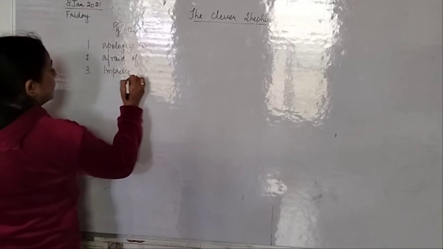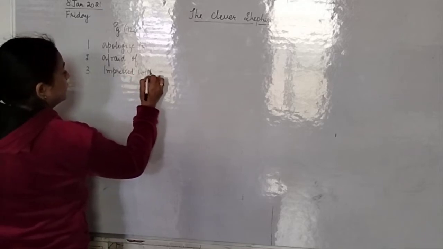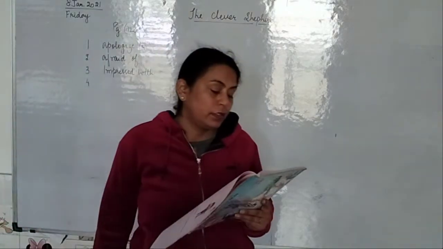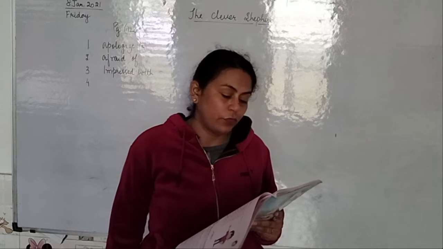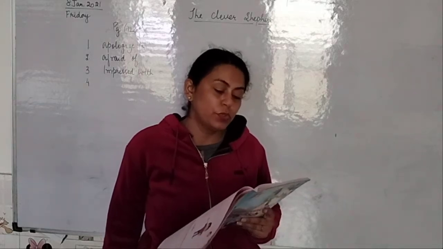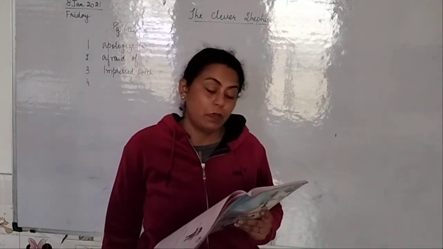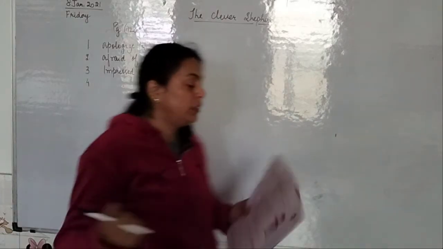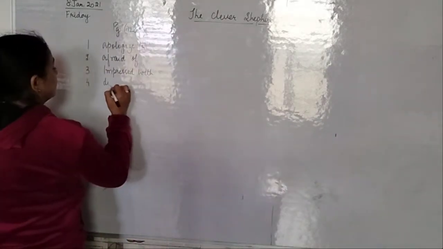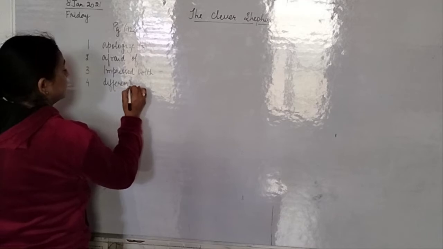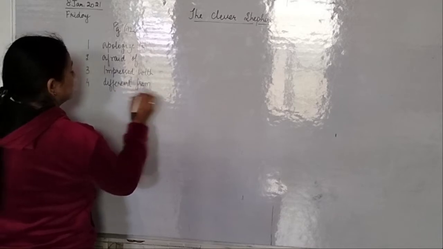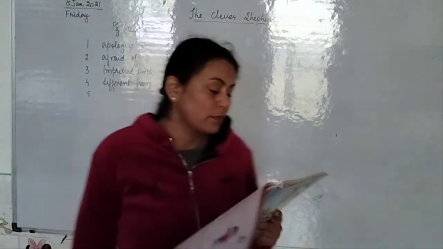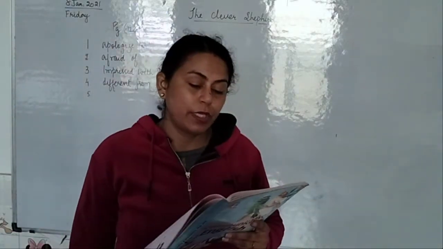Impressed with. Fourth fill in the blank is, King's views were dash that of Abbott. King's views were different from that of the Abbott. Different from. Fifth one, the abbot didn't dash King John.